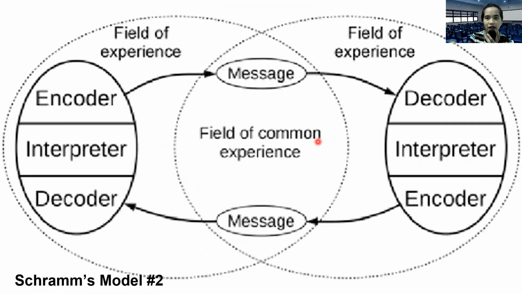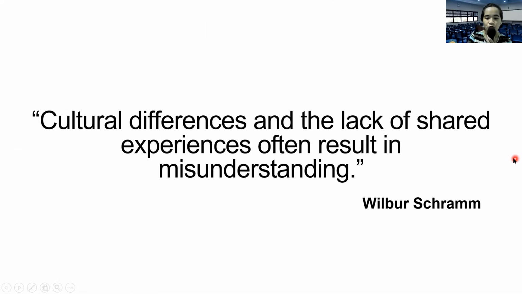So he says that the way the person understands or responds to the message being sent by the sender, okay, is influenced by his or her field of experience towards a topic they are talking about. Okay, so it has an influence. And then according to Schramm, cultural differences and the lack of shared experiences often result in misunderstanding.